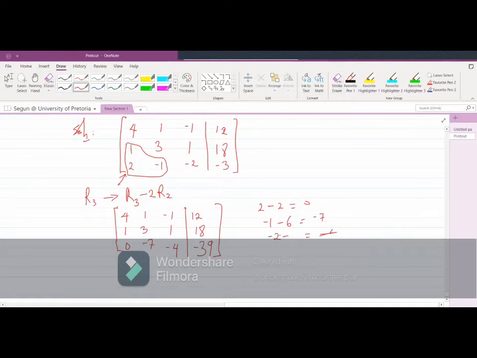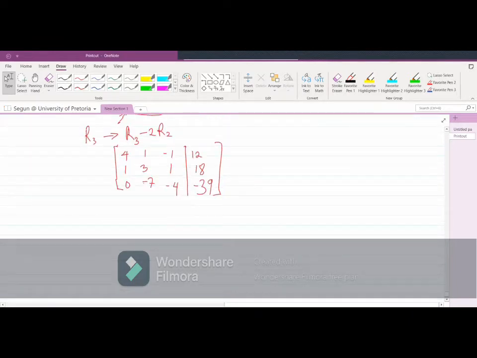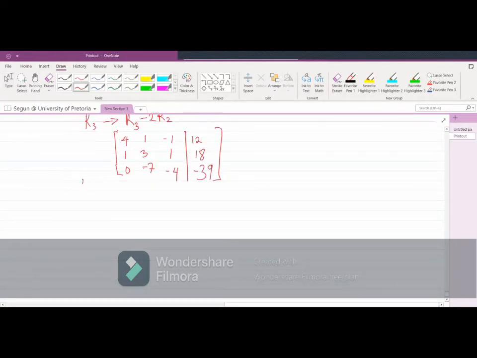The next one is to do what? Which one is next? Oh, 2. What is happening in 2? The operation in 2 is what? R2 to what?